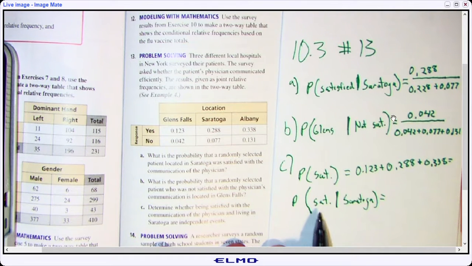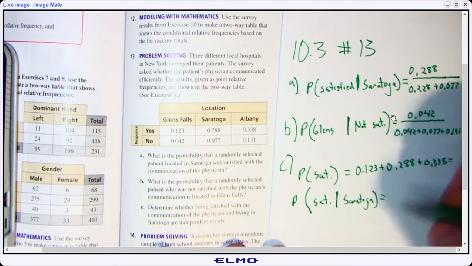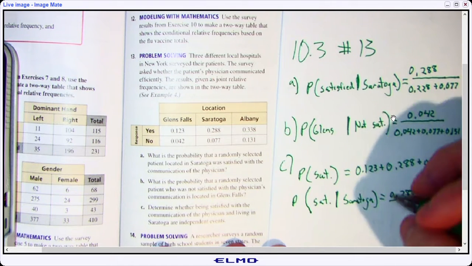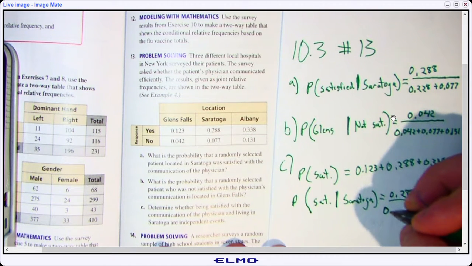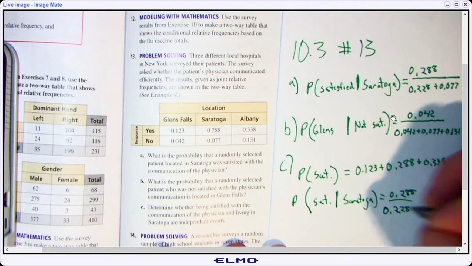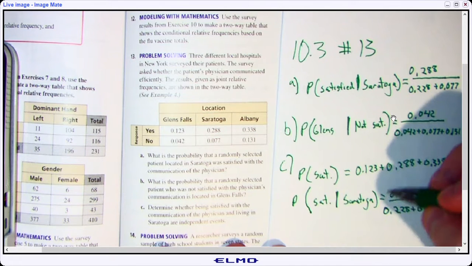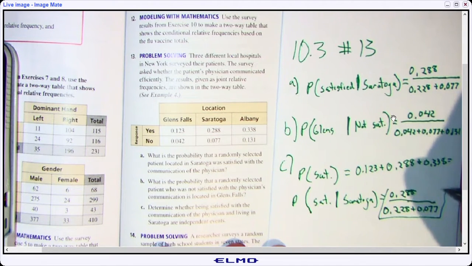But now we have to look at the probability that you were satisfied given that you were in Saratoga. Well, luckily you already calculated that in part A, right? So you already have this. I'm going to write 0.288 plus 0.077. And if you're confused about how we did that, just restart the video, go through part A again. Okay, so we have two probabilities.